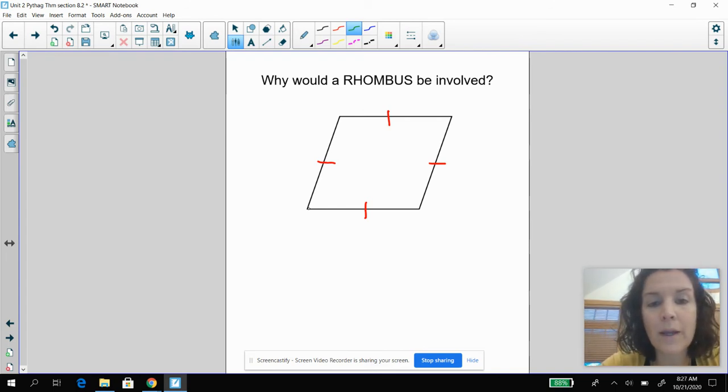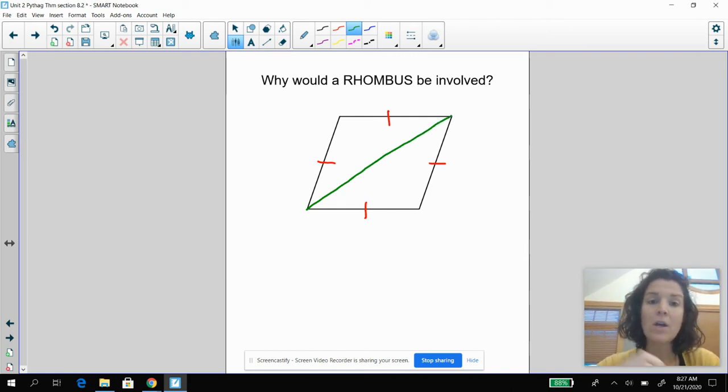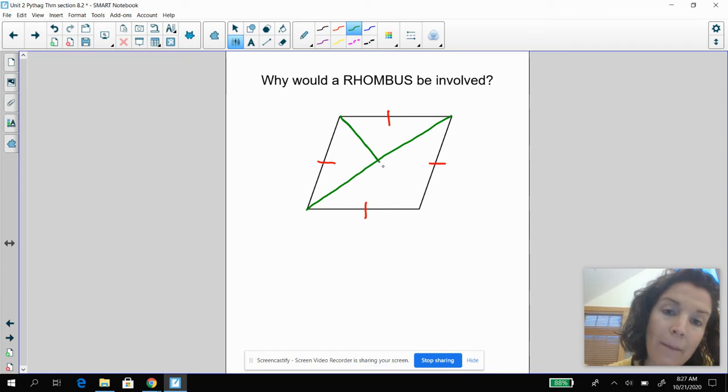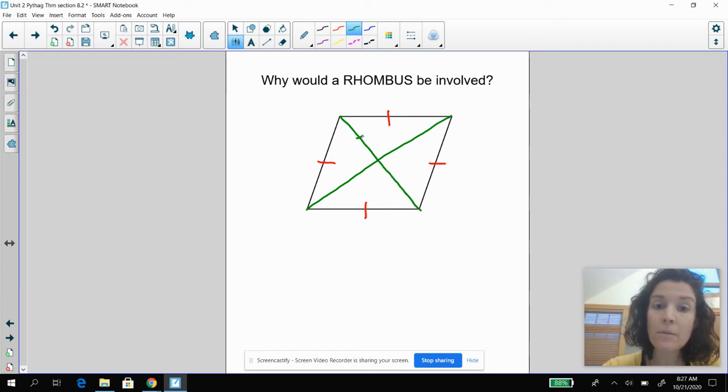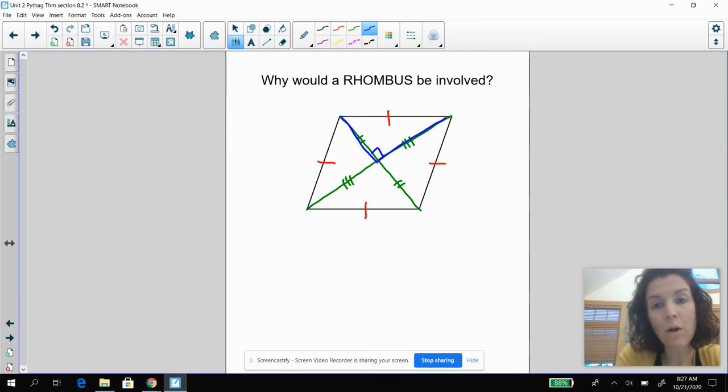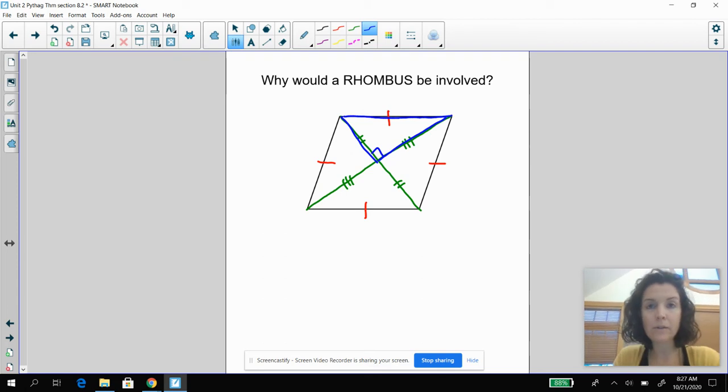So an important thing about a rhombus is, we talked the other day about the diagonals. So the diagonals of a rhombus not only bisect each other, but they also meet at right angles. So within a rhombus, I get 4 right triangles. That's super important as we move on to this problem.